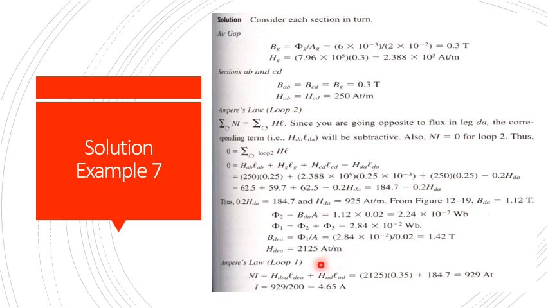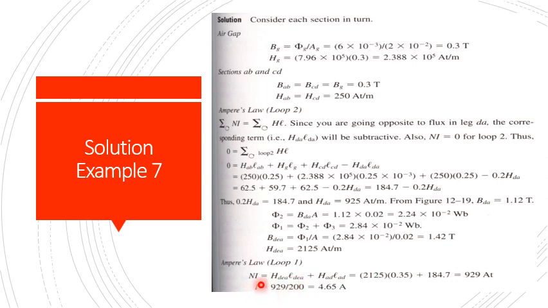After we know all the H values, we can do analysis for loop 1 using Ampere's law. Ni equal to HDEA LDEA plus HAD LAD. For loop 1, we only see HDEA and HAD. We cannot see HAB, the gap and so on because those are in the other loop.